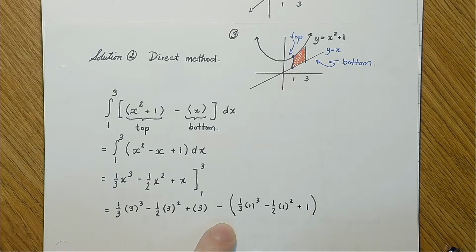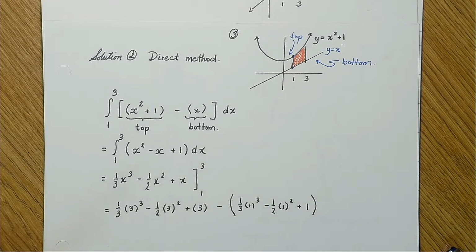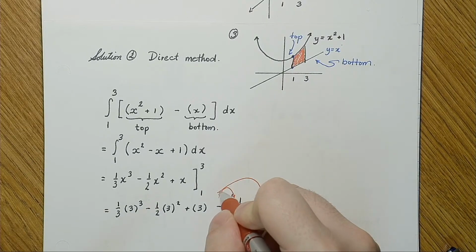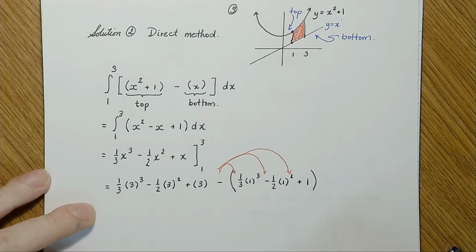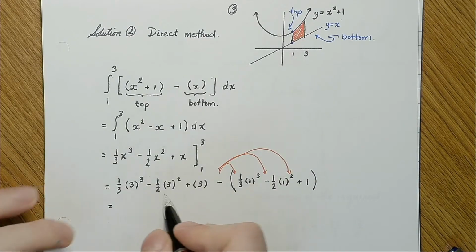Again, I put the brackets around because this negative has to distribute. It has to apply to each of these, and if you don't, you'll have incorrect signs and then an incorrect sum.